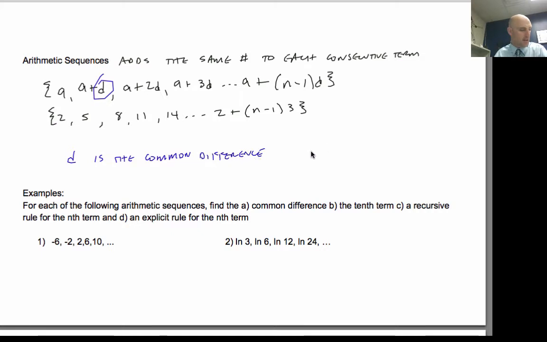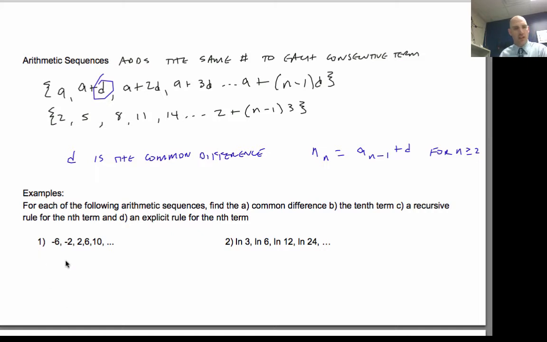So if D is the common difference, what happens is this. A sub n is equal to A sub n minus 1 plus D, so the term before plus D, for n is greater than or equal to 2. So it starts with the second term. The first term is whatever it is. It starts at 2 or 5 or 18 or negative 6. But then you're adding the same thing to each term. Okay?